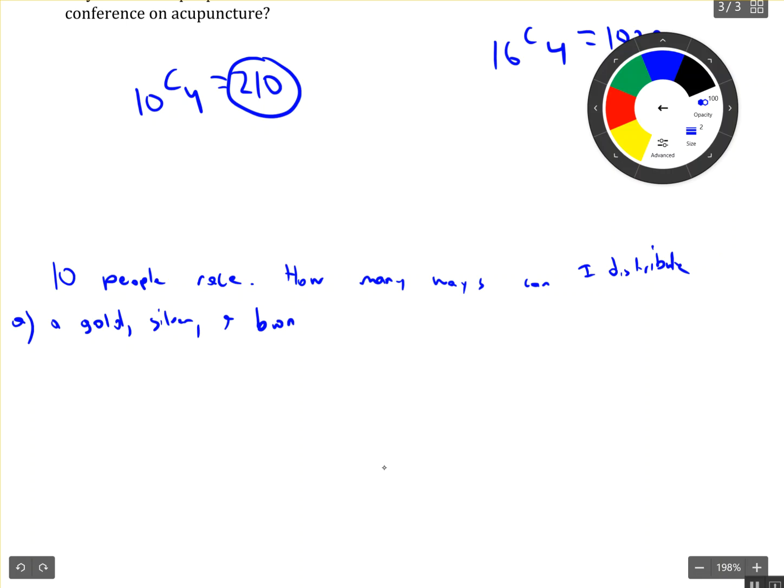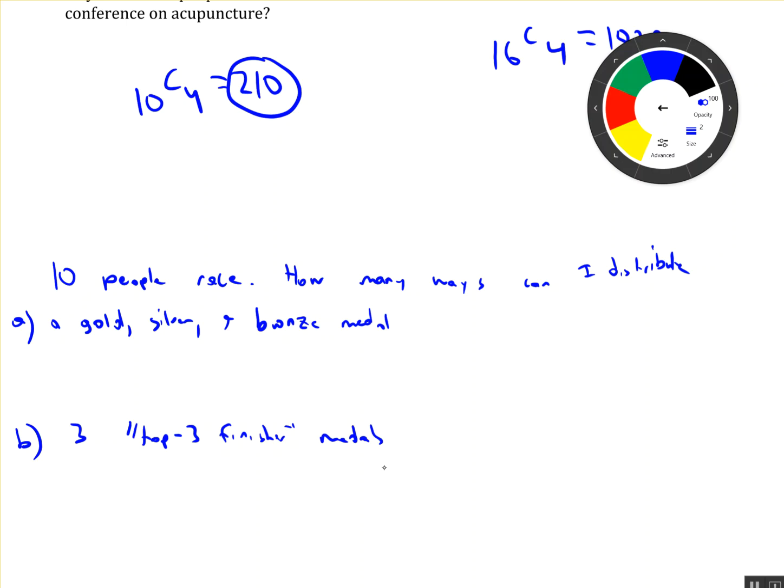Versus the top 3 finisher medals. So in this case, gold, silver, and bronze, who gets first, who gets second, who gets third gets a different prize. So order matters, so that's 10P3.